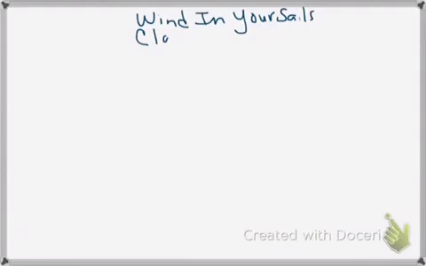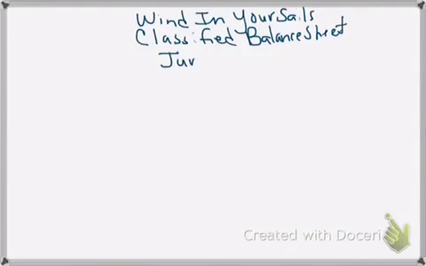So in this one, we have the title, Wind in Your Sales. We are going to look at a classified balance sheet. Now remember, a balance sheet is only for one day in time. So it's going to be just for June 30th.